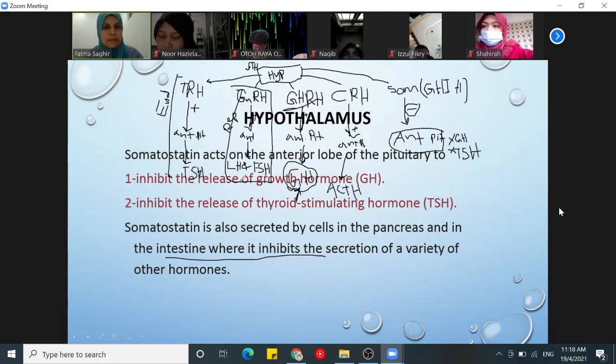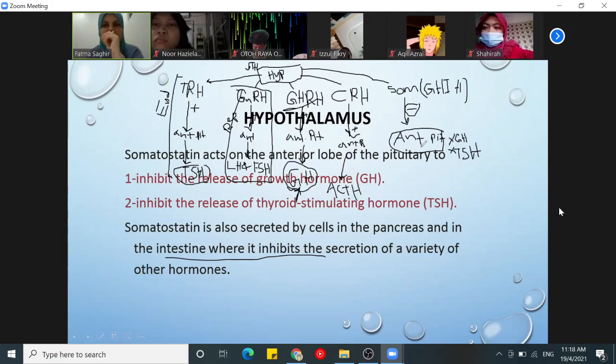So you can see here, thyroid stimulating hormone comes from anterior pituitary. So somatostatin will suppress anterior pituitary not only from secreting growth hormone, but also thyroid stimulating hormone. Okay, so it will do two things. So that's why we change the name. It's not only growth hormone inhibiting hormone, because it's not inhibiting only growth hormone, also thyroid stimulating hormone.